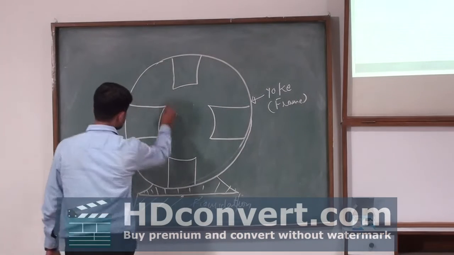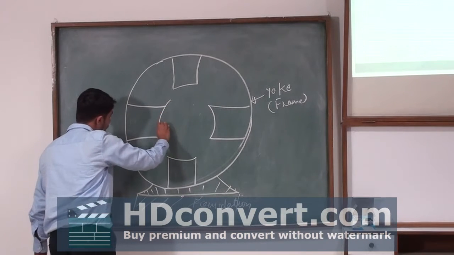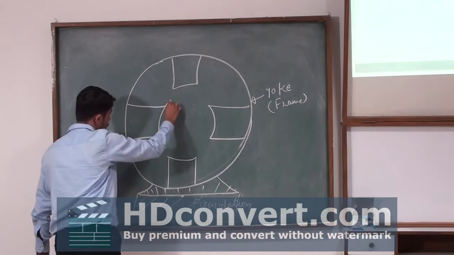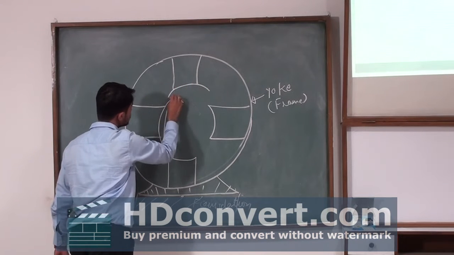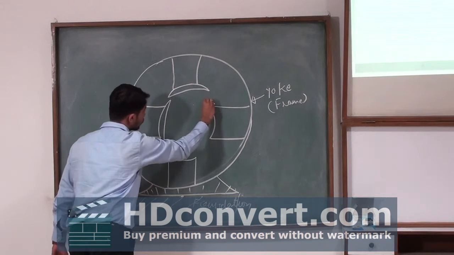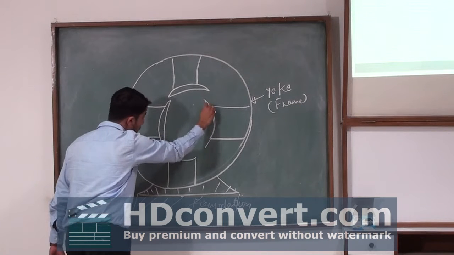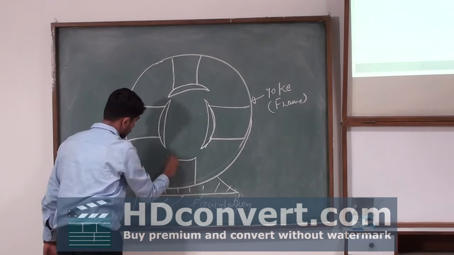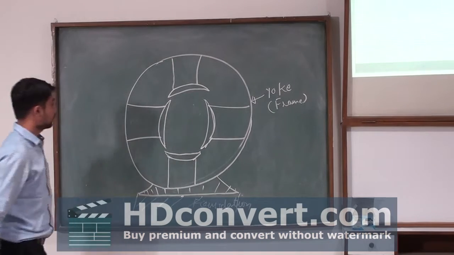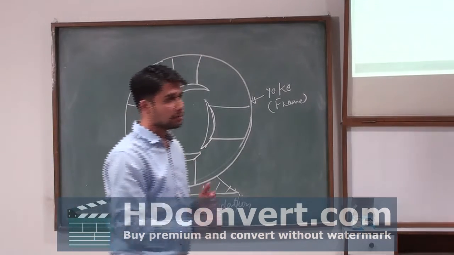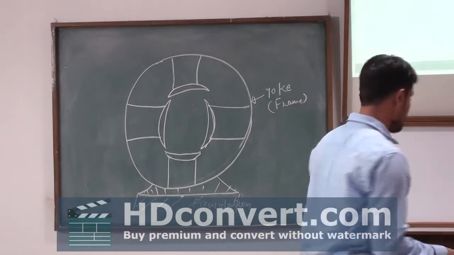These poles are combined with pole shoes to ensure uniform distribution of flux over the rotor periphery. After this, we have an air gap between the stator parts and the rotor parts.